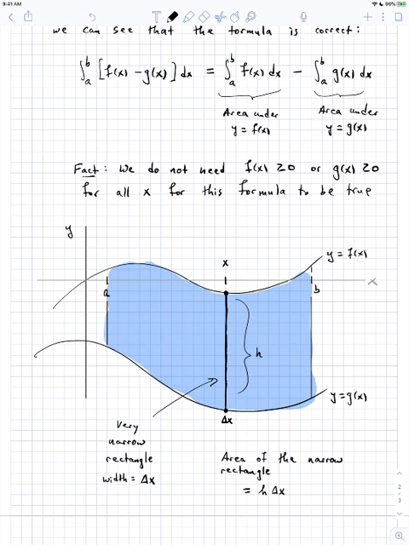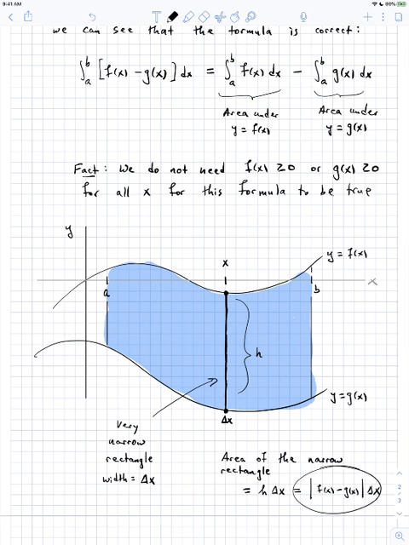Now they have the same x value, so if you want to compute the distance between them, you just have to compute the difference between their y values. So it's going to be the absolute value of f of x minus g of x, times delta x. This is why it's important to know which function is on top, because you're measuring the distance between these two points, but they have the same x value. So that means the distance between those two points is just going to be the difference in the y values, which is this quantity right there.